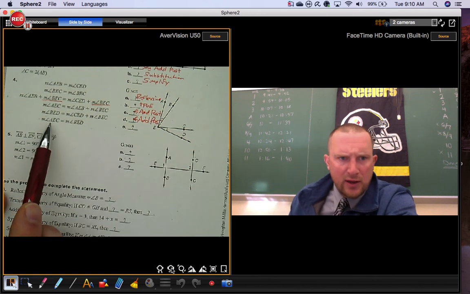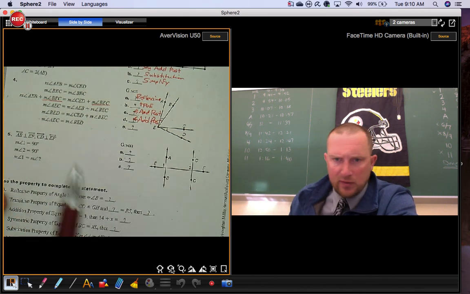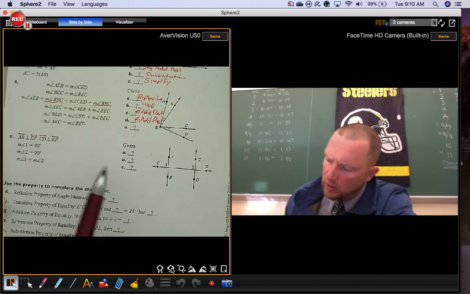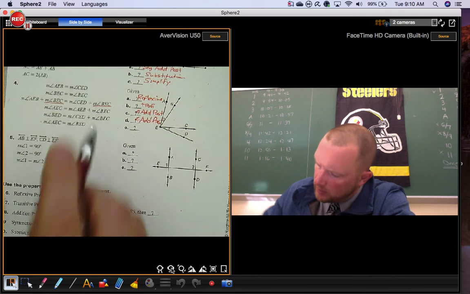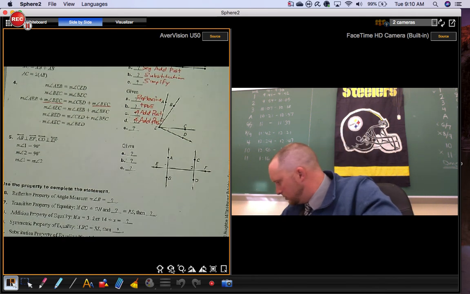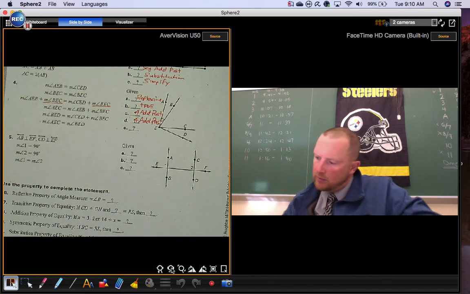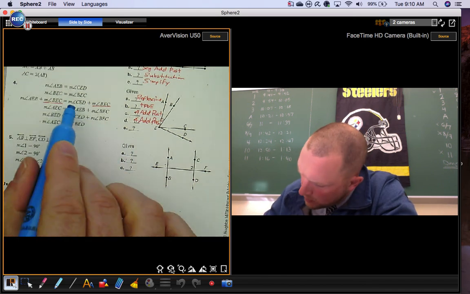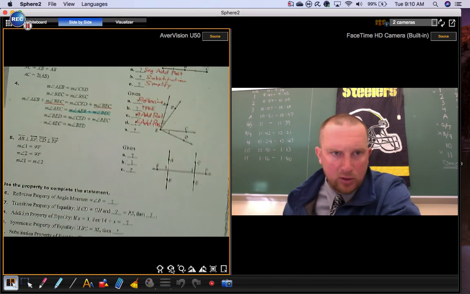How do we know the measure of angle AEC equals the measure of angle BED then? Well, if you look around here, I'm going to try to use some colors to hopefully help you. I'm going to make that guy blue.